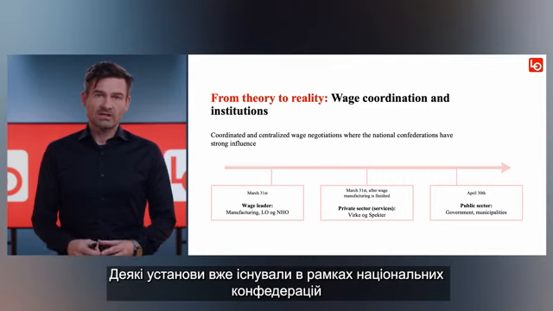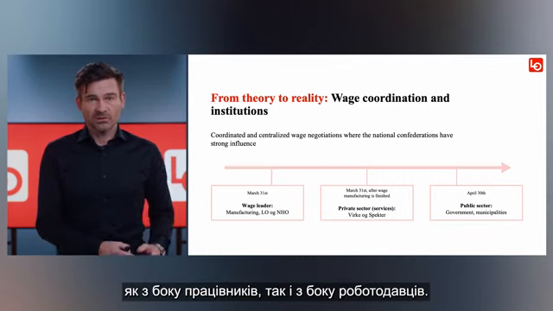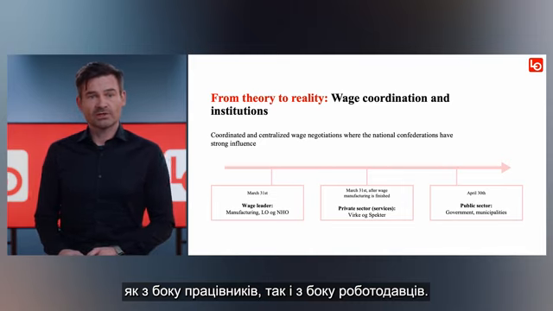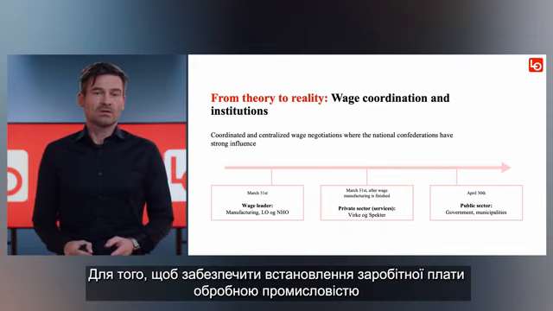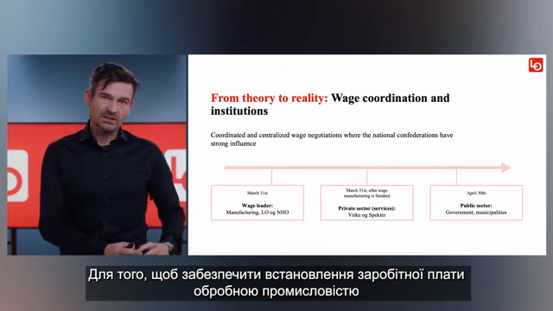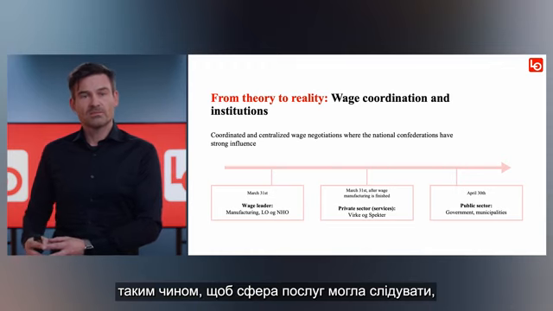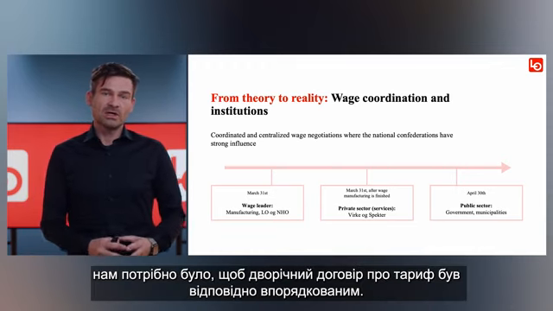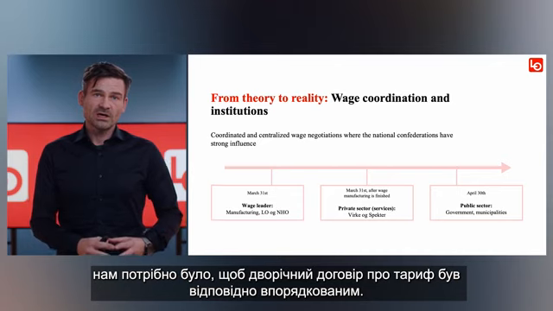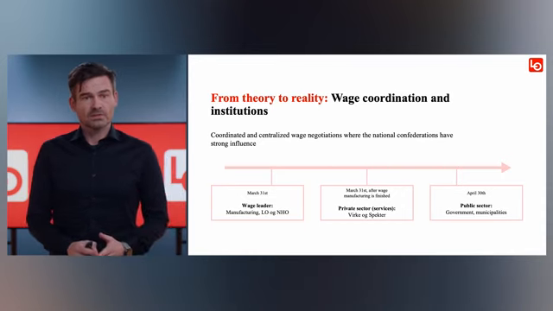We already had some institutions with the national confederations, both on the workers' side and on the employers' side. But in order to have the manufacturing industry setting the wages so that the service industries could follow them, we needed the 2-year tariff agreements to be in the right order.